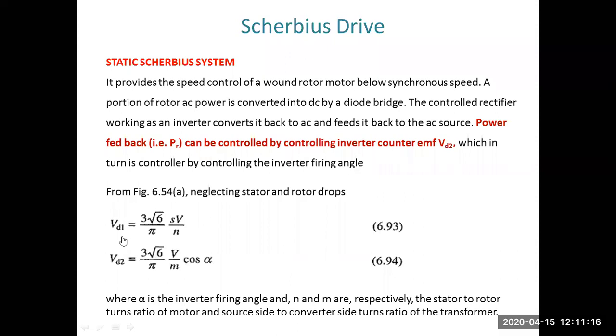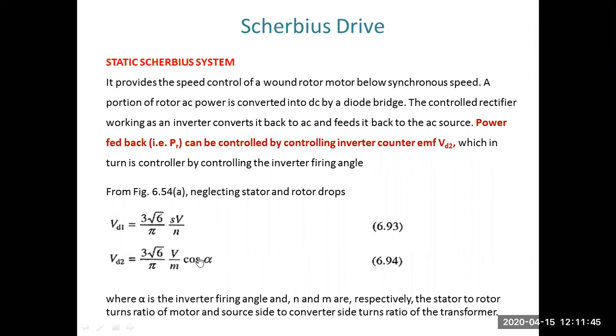The first one is VD1, which is 3 root 6 upon pi times S V by N, and then VD2, which is 3 root 6 upon pi times V by M times cos alpha. Now, both expressions look very similar, right? This is because we are using controlled converters here. One is operating in the inverter mode, and the second one is operating in the rectifier mode. That is why the expressions look quite similar.